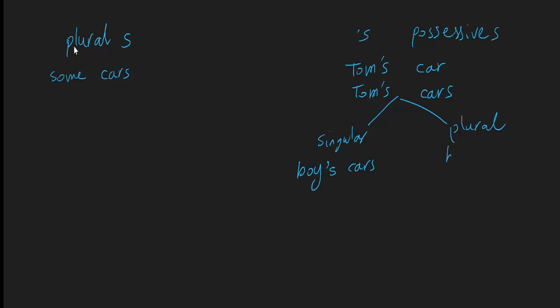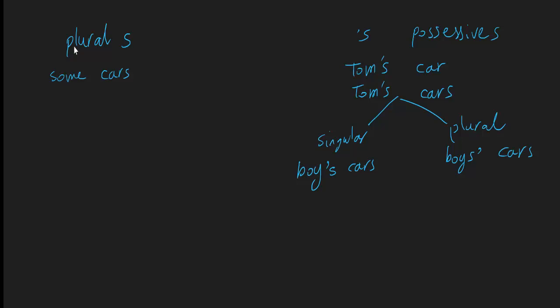But if you have many boys, then it's apostrophe, but we don't need to write s, because we don't say boys's cars. So it's just apostrophe. We don't need to add another s because boys already has an s for plural. So singular, boy's cars, plural, boys' cars.